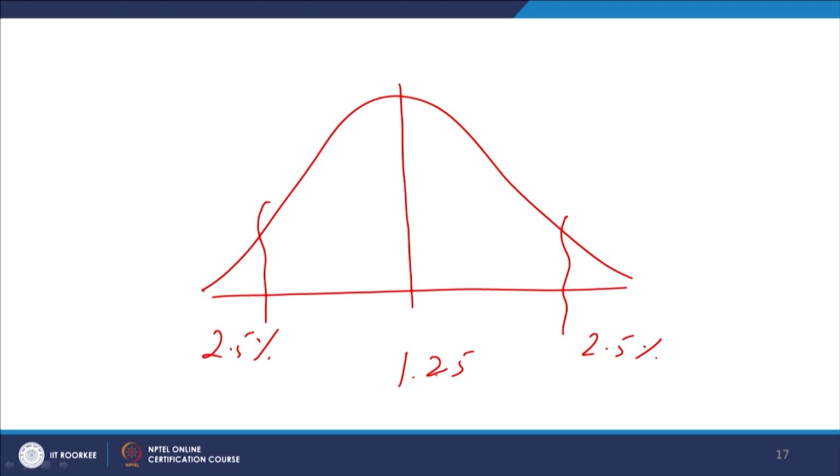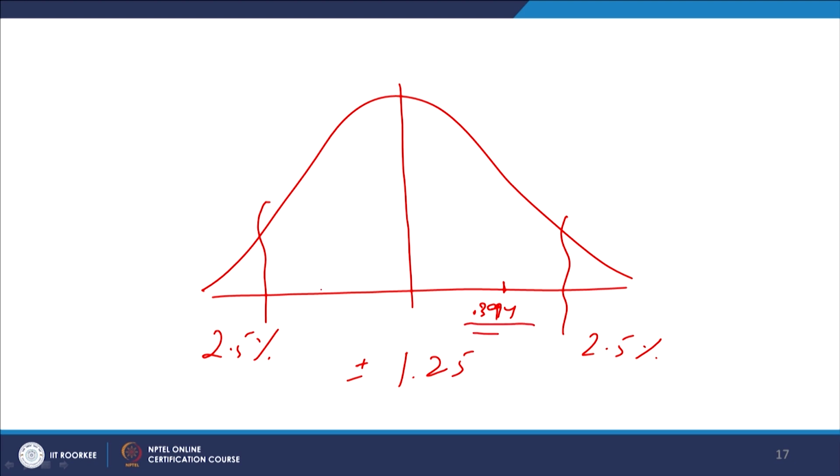Now, let us say your calculated value is, for example, 1.25. If you go to the Z table, you will find the area under the curve is something around 0.394. So 0.394 is the area on each side, both sides, right.